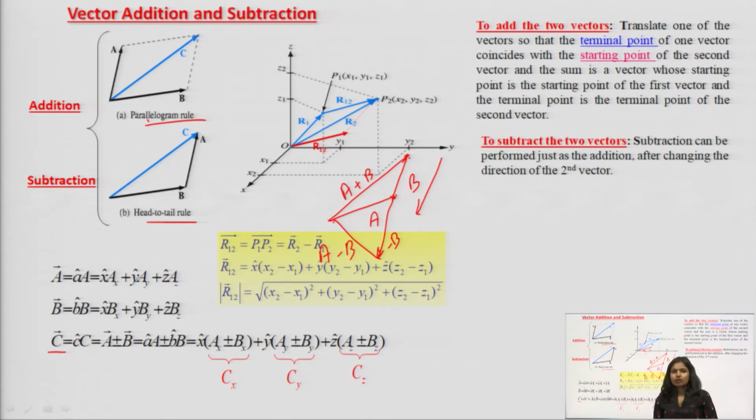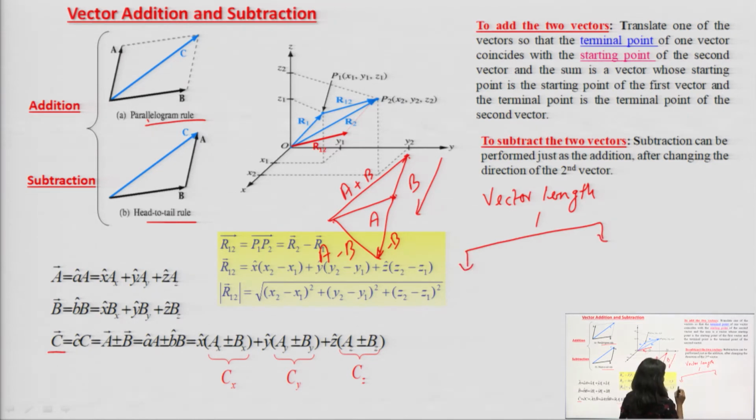Further, there are two kinds of vectors, that is position vectors and distance vectors.